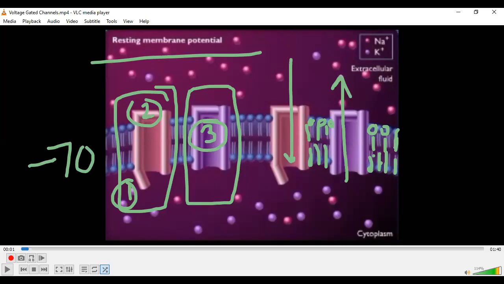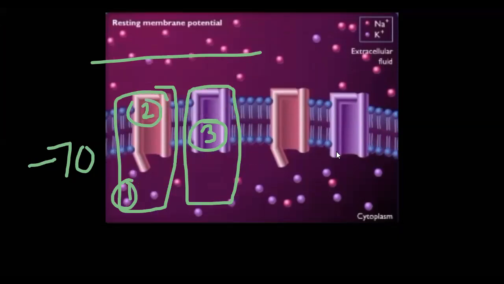That's why they are named the potassium voltage gated channel and the sodium voltage gated channel. So that is the first issue that we need to understand.